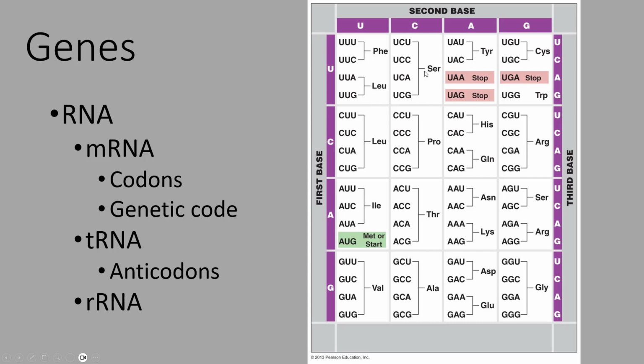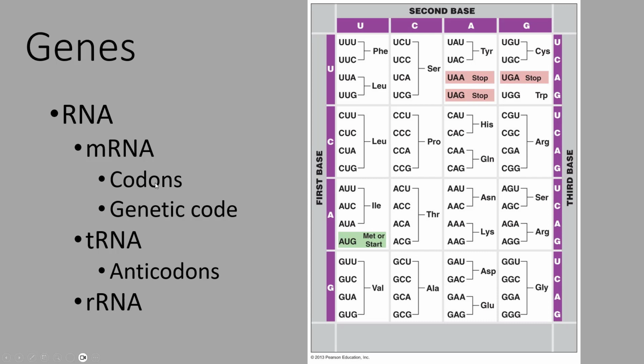That's what we see over here. This big, intimidating chart that no, you do not have to memorize, because just like the periodic table, anytime you need this chart, it will be given to you on an exam. You do need to know how to read the chart, but you do not have to memorize the chart. So, we have our 3 letters of DNA. We make our codon, our 3 letters of messenger RNA.